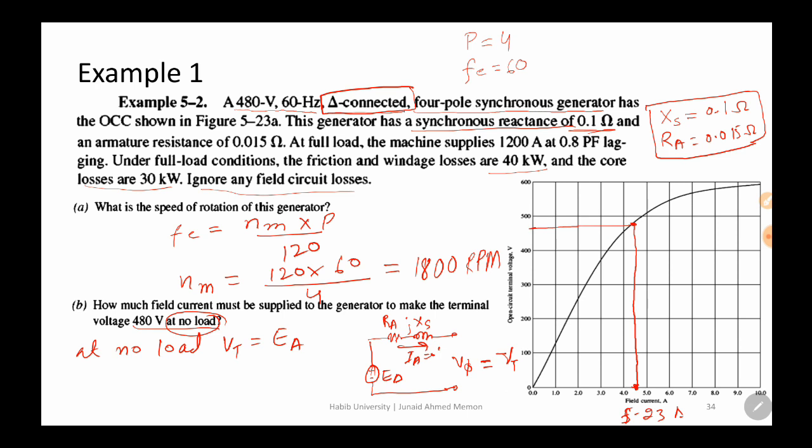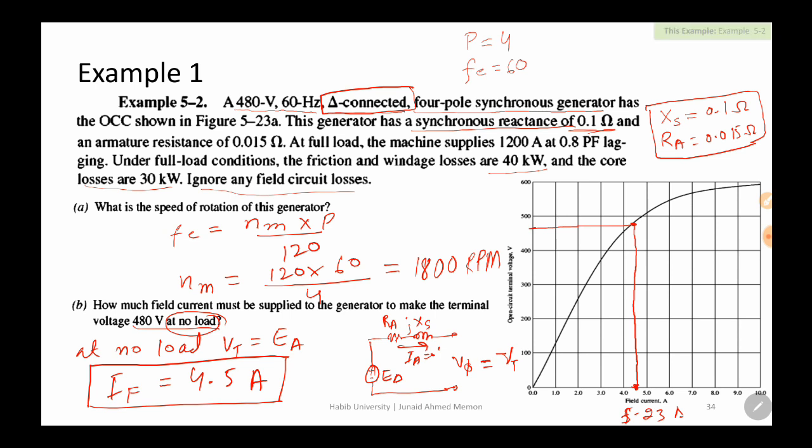So we need field current equal to 4.5 amperes to generate an open circuit terminal voltage of 480 volts at no load. So this is part B.